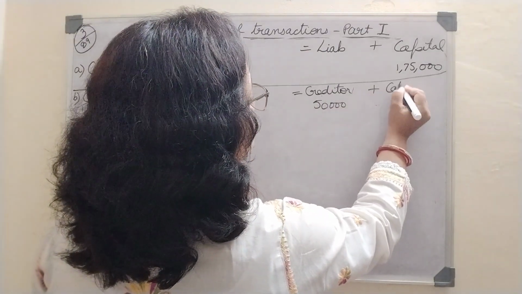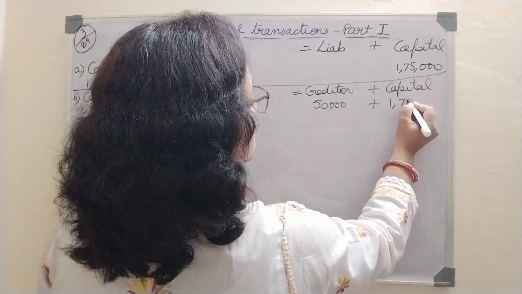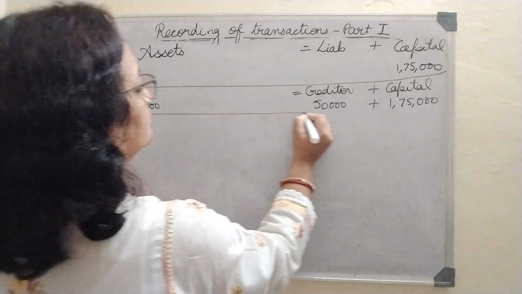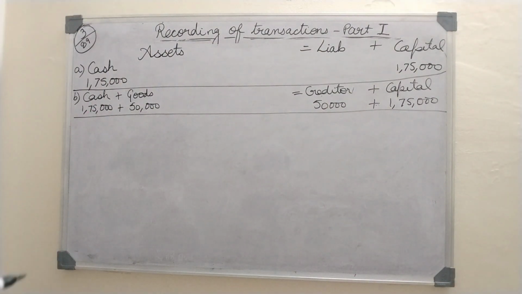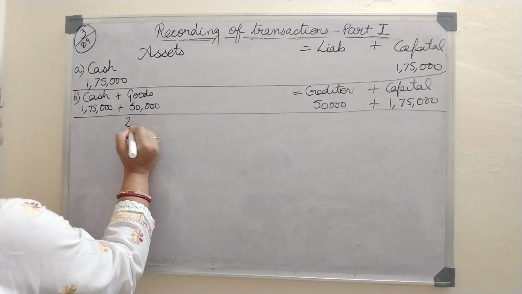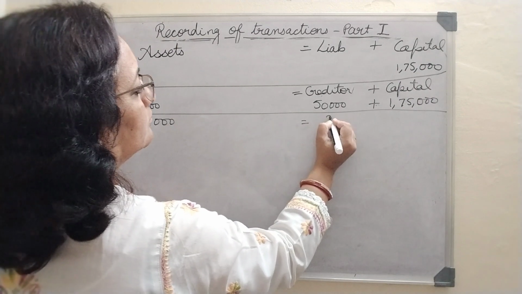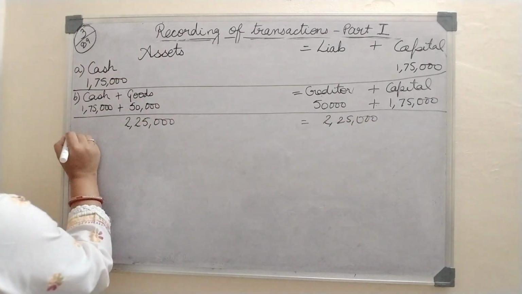Again, capital is not affected, so capital remains as 1,75,000. The total of both sides comes to 2,25,000, right?